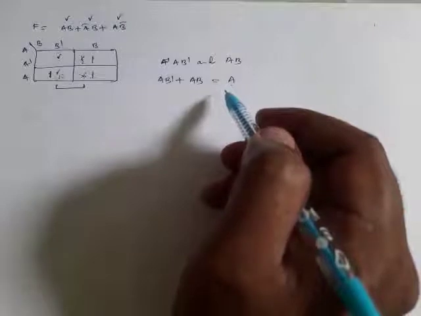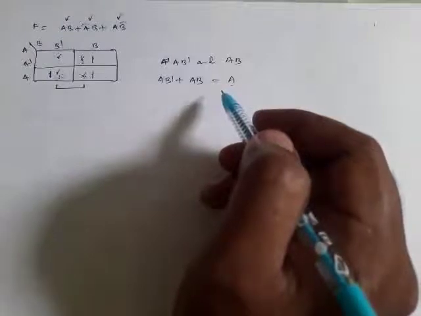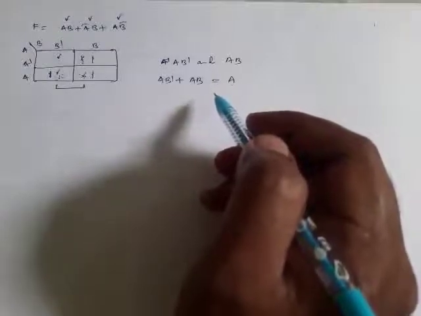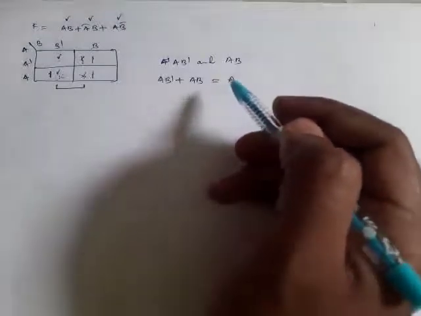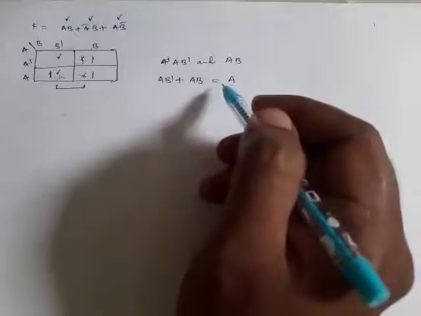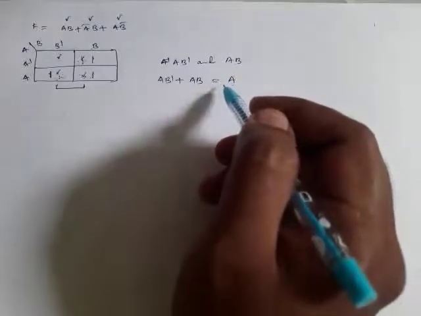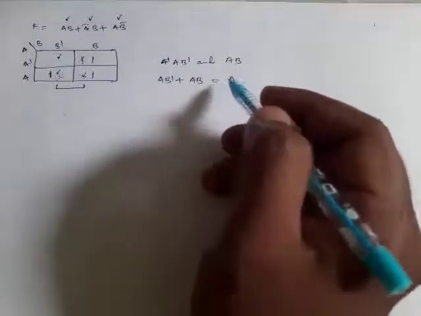And this property of the K-map will be used to simplify the Boolean expressions. This is how we reduce or simplify the Boolean expression.